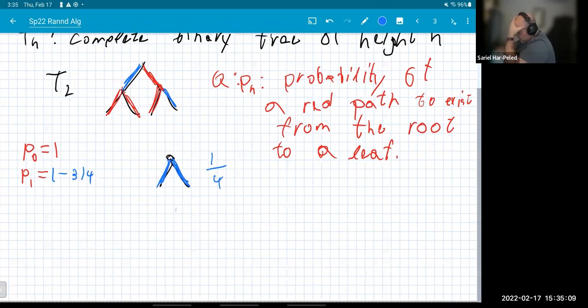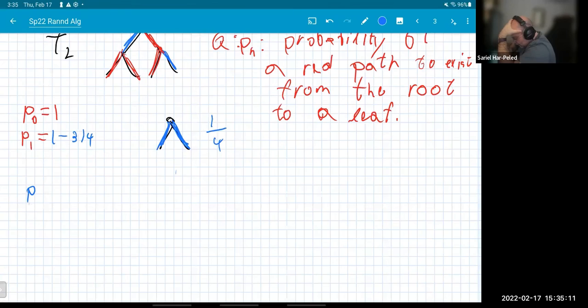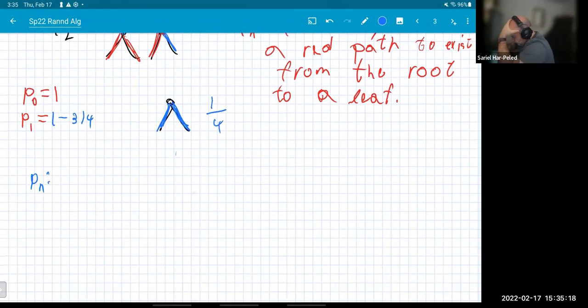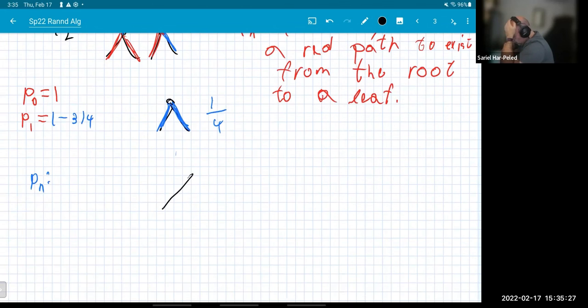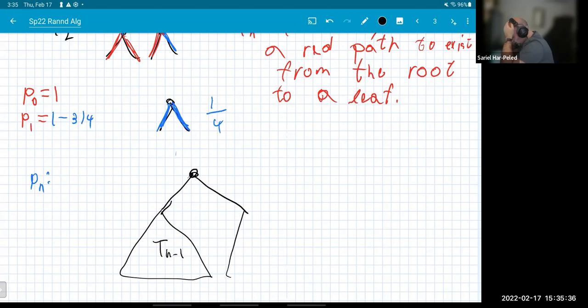Okay. And now we can write down the general formula, right? So how do we do that? Let's look at the root, right? Let me use a different color because colors are important. We have the root. The root has 2 children. This is TH minus 1. This is TH minus 1.